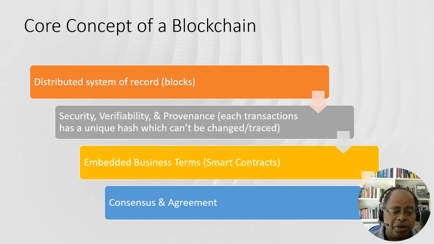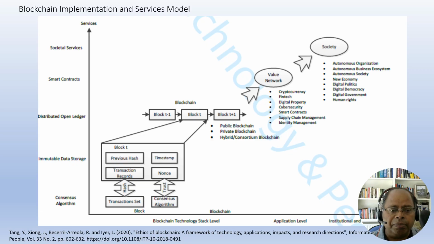consensus and agreement concepts. Another way of looking at blockchain is the implementation and service model, which is quite important. How do we take blockchain as a black box and look at the services it can provide us? That's the implementation level.